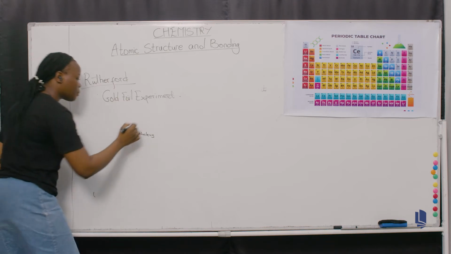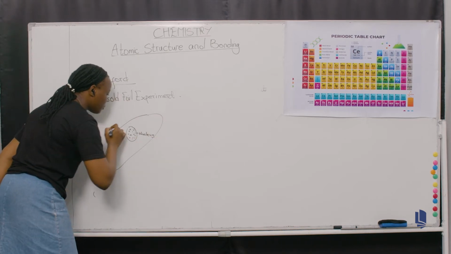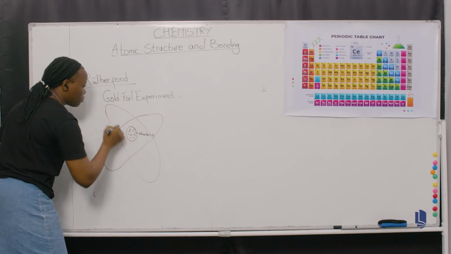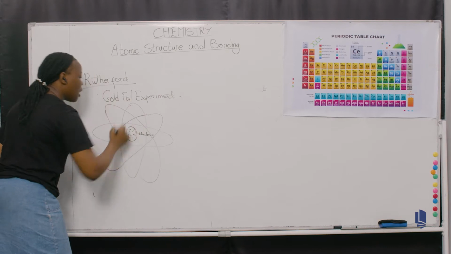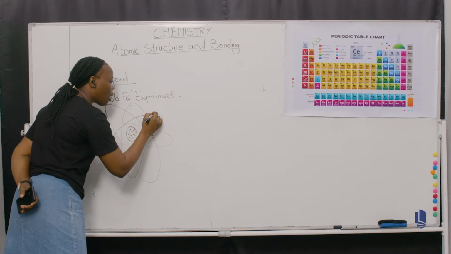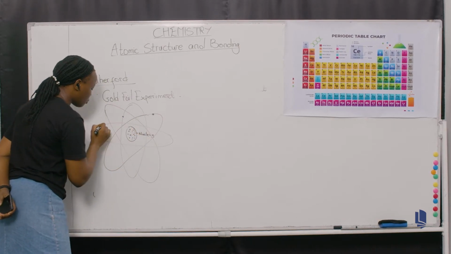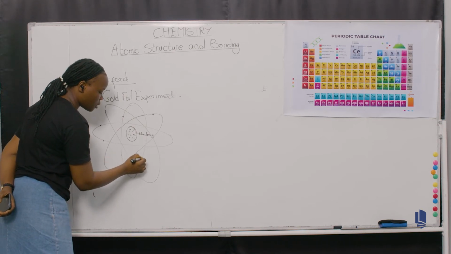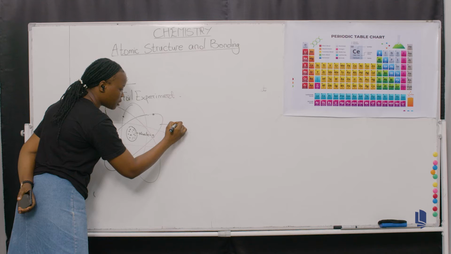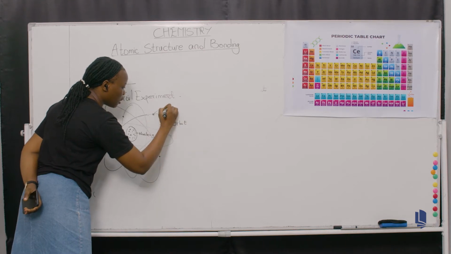And he said electrons orbit around it. So this would be the orbit. These are the electrons.